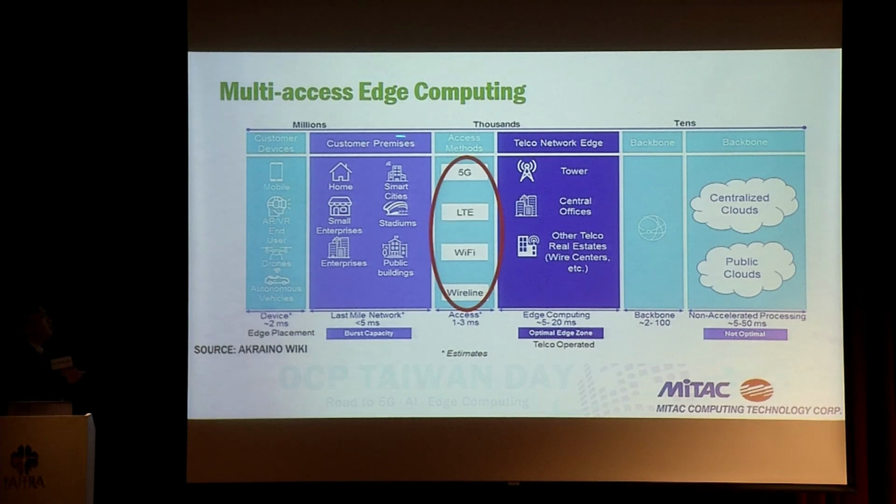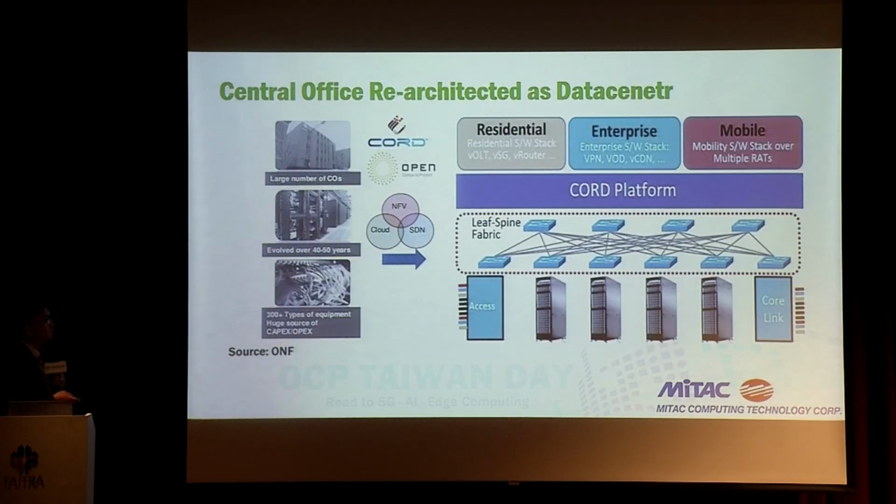Software-defined networking and the coming technology like network slicing will be key topics from the open source software community. But as a hardware community from OCP, how can we collaborate with open source communities like the ONF or the Linux Foundation? That will be the next topic we are going to talk about.